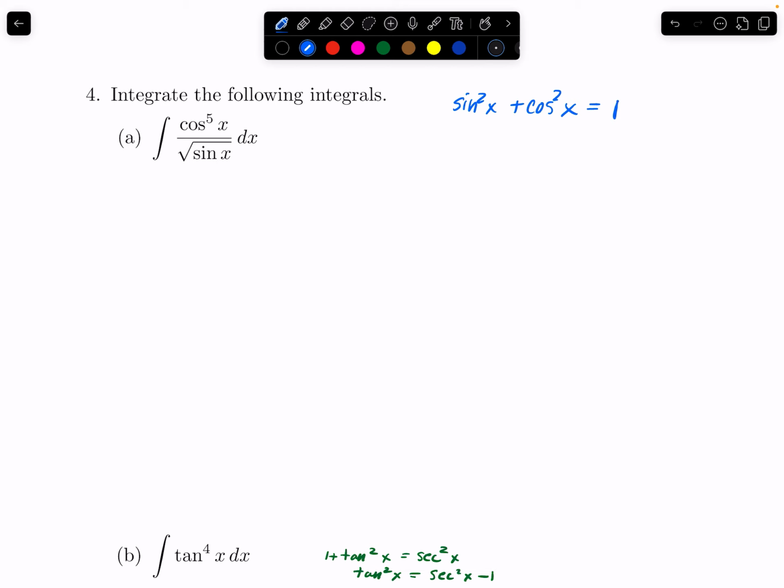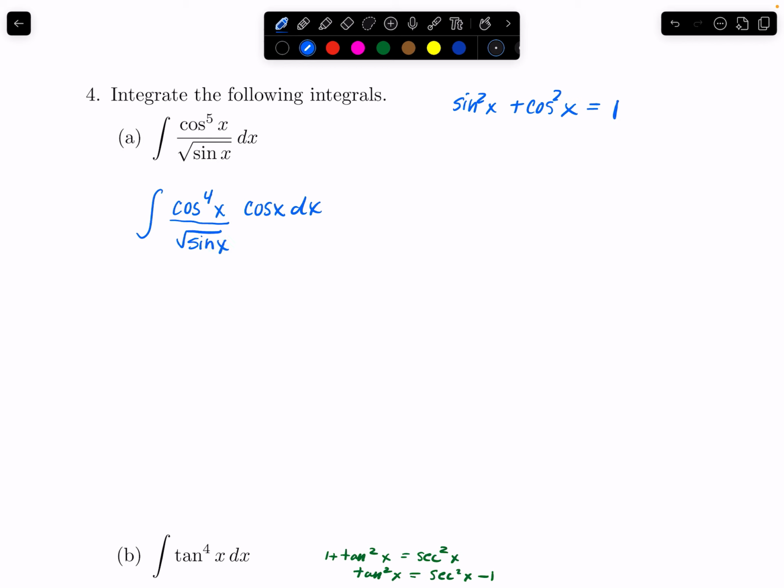So I am going to pull off one cosine because we have an odd cosine here. So it's going to be cosine to the 4th x and then cosine x dx. That's going to be reserved for my du here in a minute, over the square root of sine x.